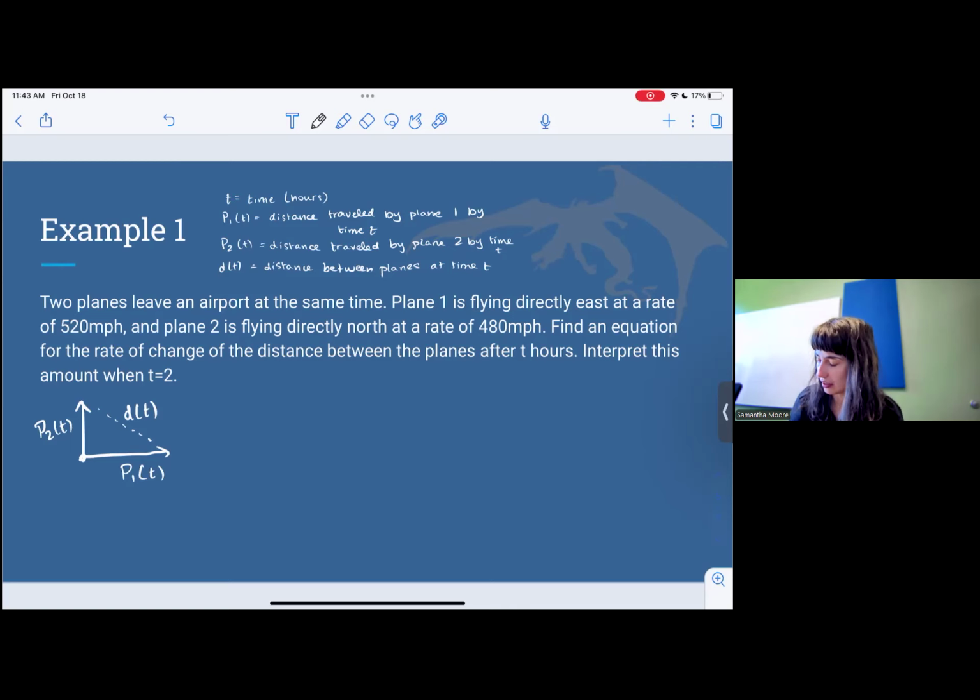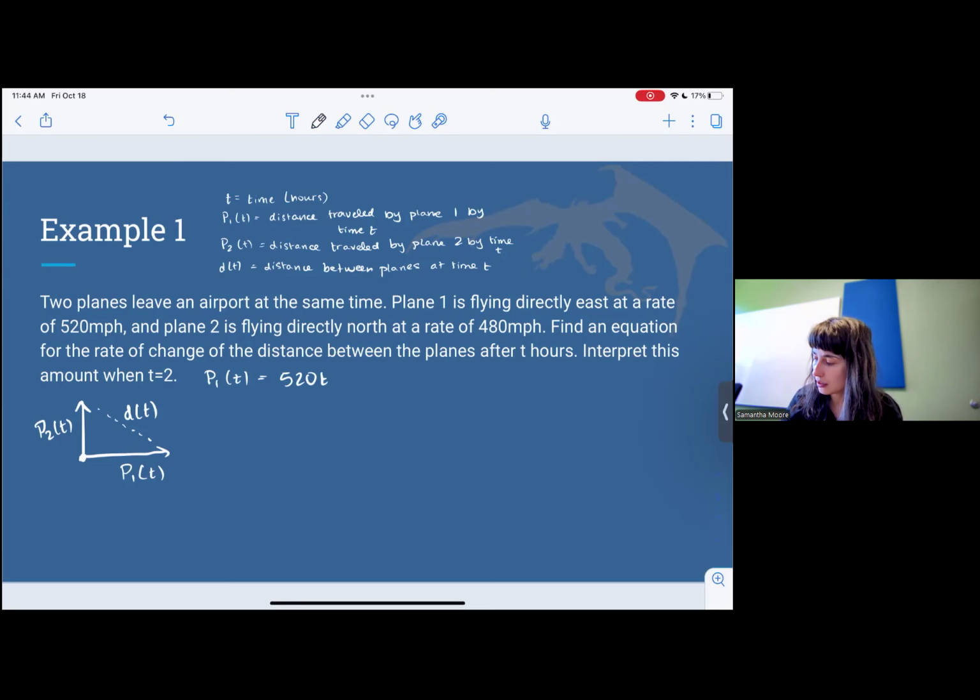And let's see. Okay, so we're told that plane 1 is flying directly east at a rate of 520 miles per hour. So as I talked about earlier, that says that P1 of t is going to be 520 t. So we start out having traveled 0 miles, and then we travel 520 miles for every hour.